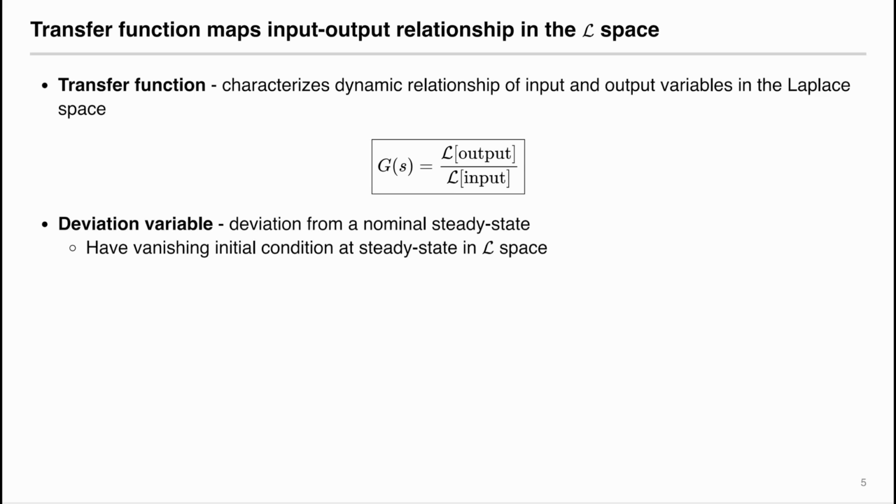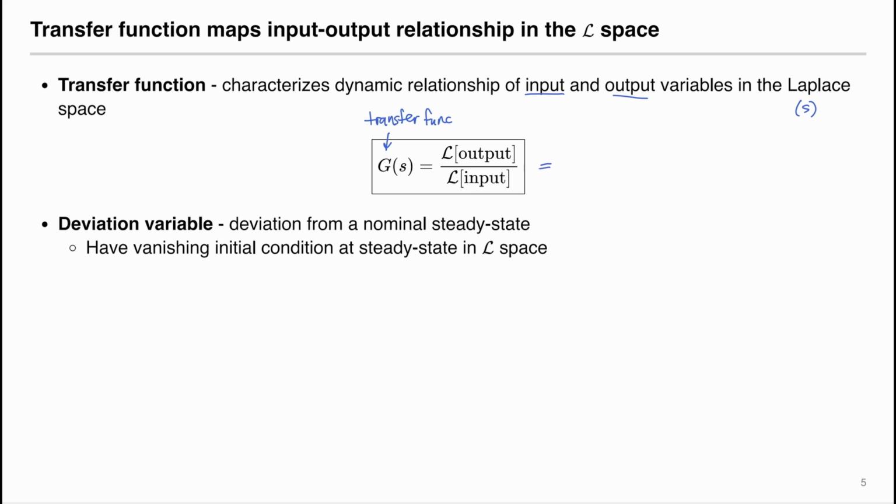Now is the best time to motivate the use of transfer function and define transfer function. We first define transfer function as it characterizes the dynamic relationship of input and output variables in the Laplace space, so the S space. The transfer function is denoted by g of s, and it equals to the Laplace transform of the output divided by the Laplace transform of the input.